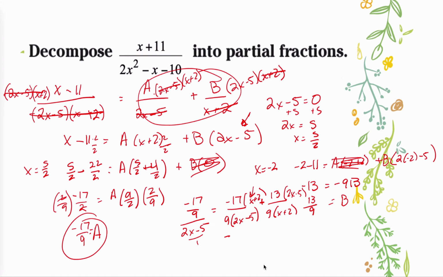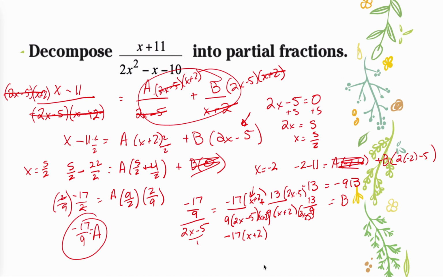And we get negative 17 times x plus 2, and this should be an x plus 2 in the denominator there as well, and 2x minus 5 in the denominator.